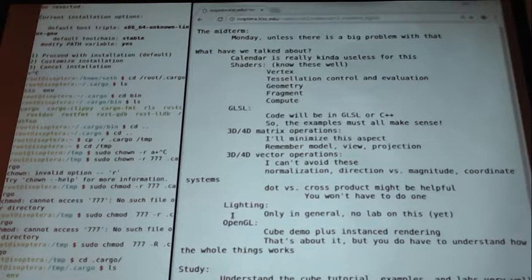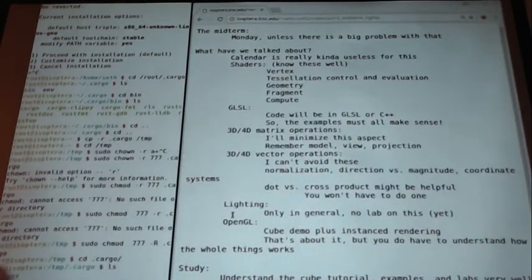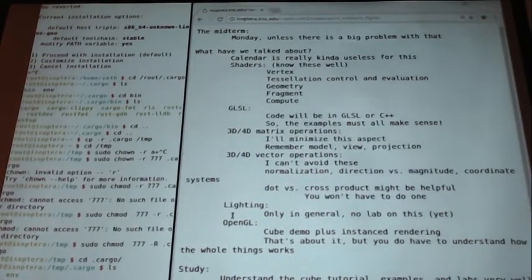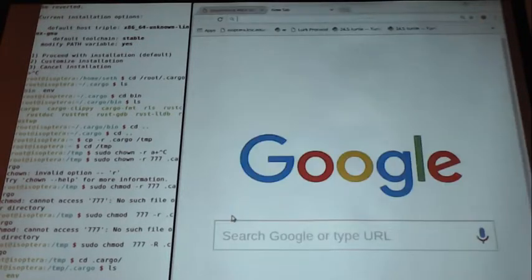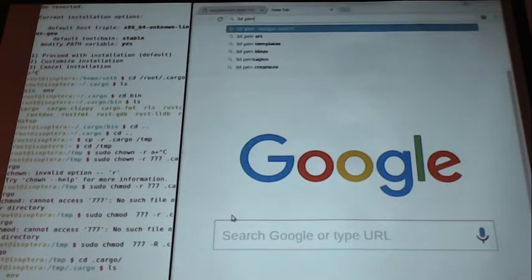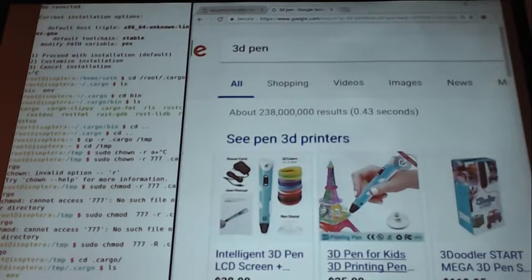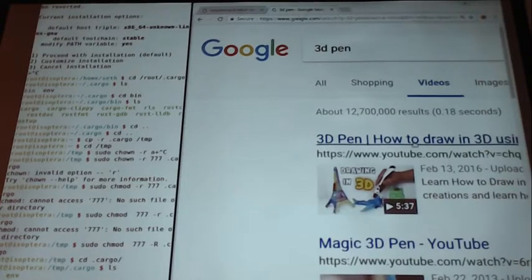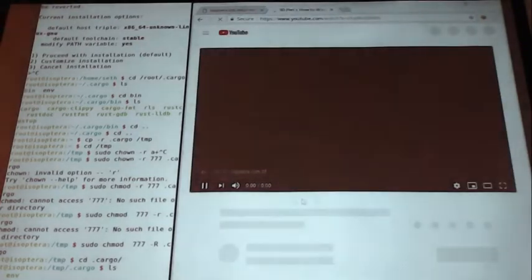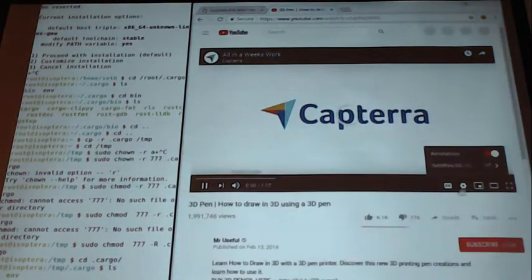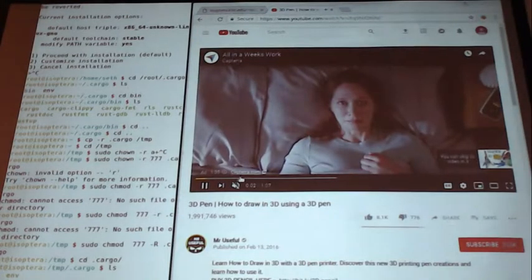What we needed for these, and I don't have a bunch of them because I didn't think of this until today, and probably wouldn't have done this anyway, are these 3D pens that let you draw stuff in 3D. This would be perfect for this class. I'm going to turn the sound off because I want to talk and not them.